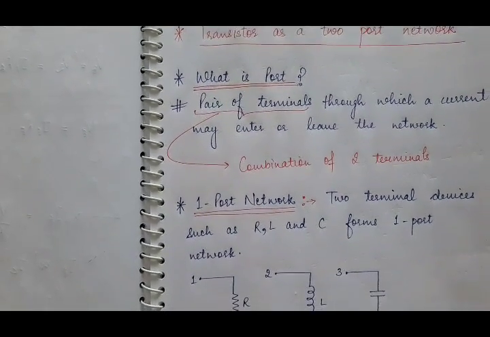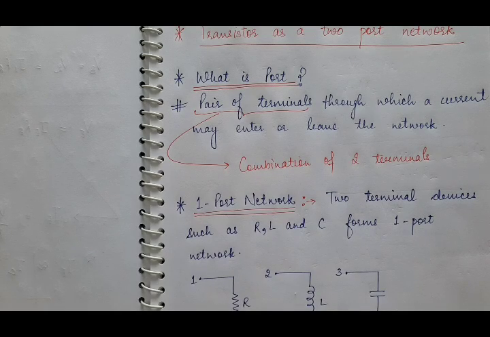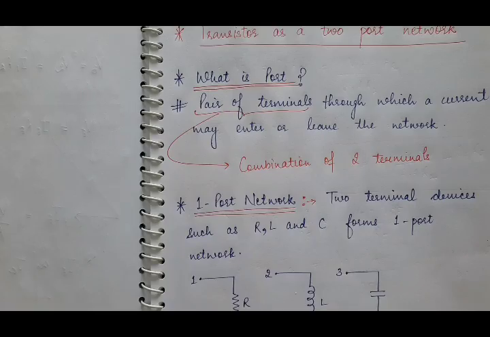As I have told you the meaning of port, the one-port network is the combination of just two terminals. Most two-terminal devices such as a resistor, inductor and capacitor form a one-port network, using one at a time.